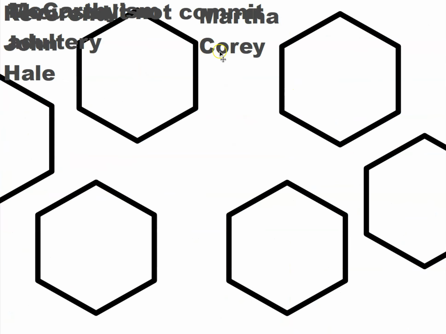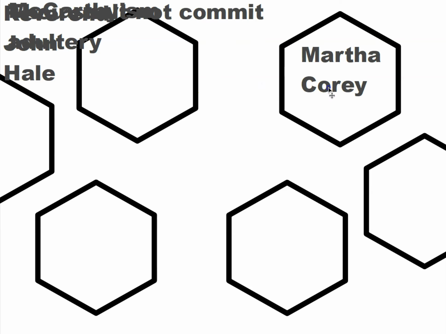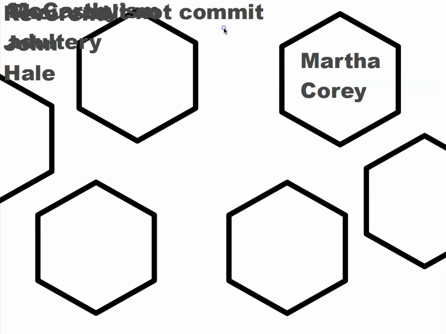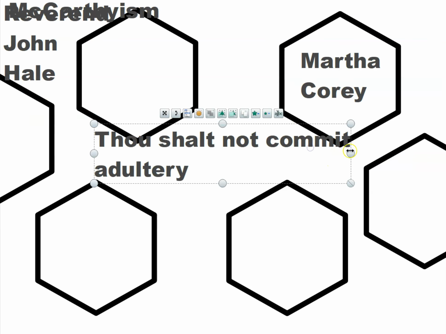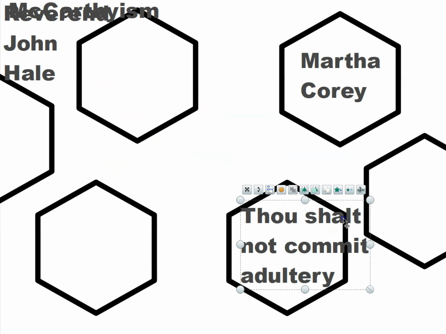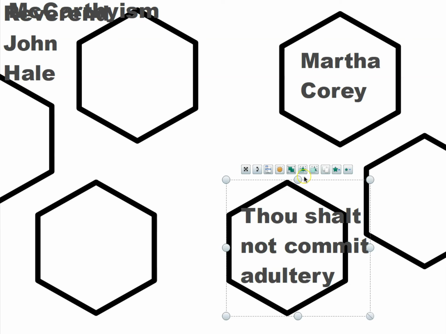What I've done is give all the students a blank page that has hexagons on it, and then the students write whatever they want on each hexagon. Let me group this. Perfect, there's grouped right there.